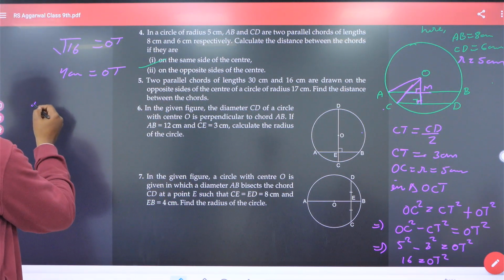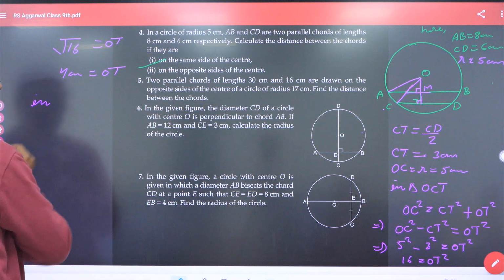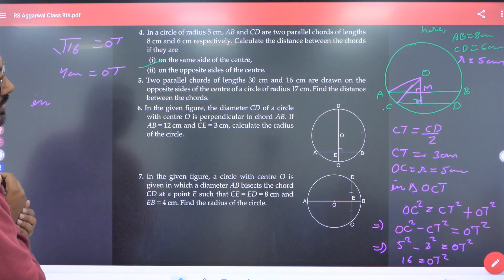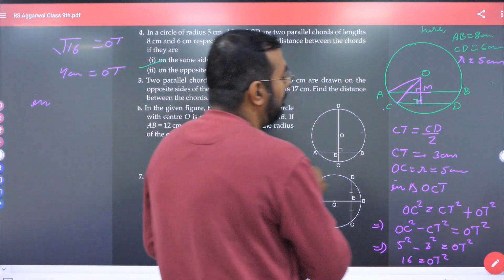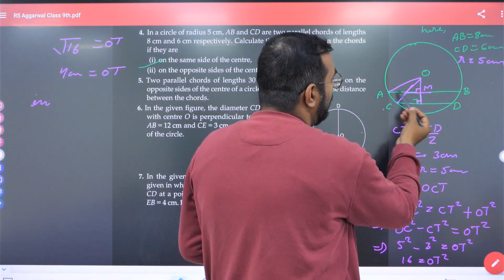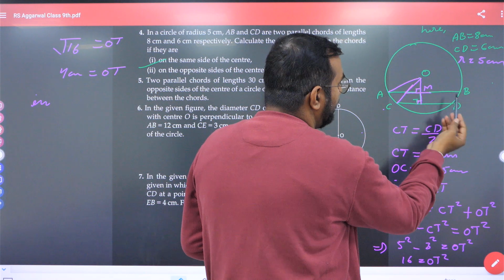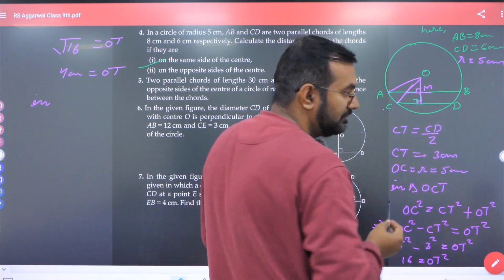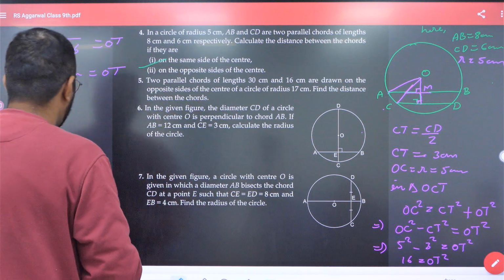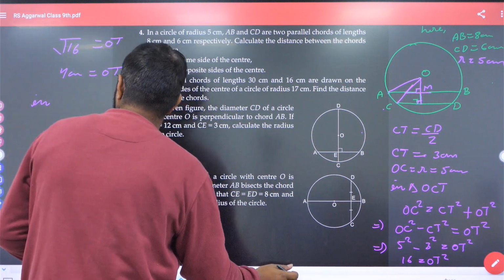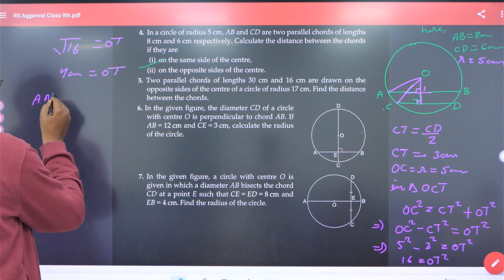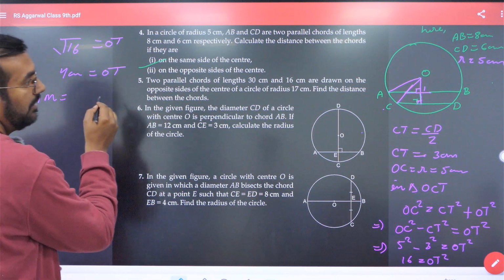So again for finding OM, we will have to apply the Pythagoras theorem in triangle OAM, and to apply that, first of all we will have to find AM, that is half AB. So AM is half AB.